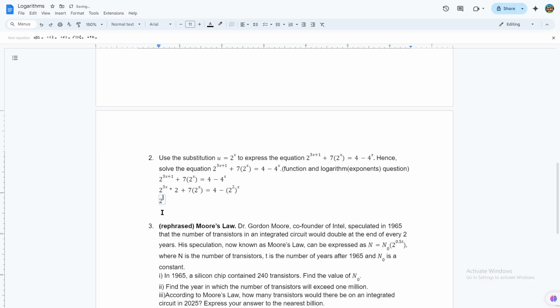Can rearrange this: 2 to the power of x, to the power of 3, times 2, plus 7 times 2 to the power of x, equals 4 minus 2 to the power of x, to the power of 2.